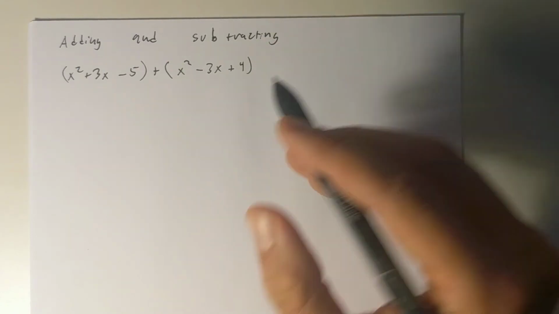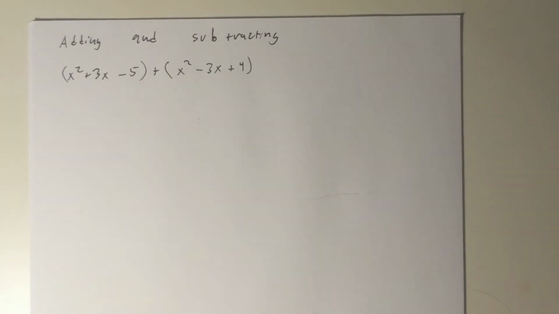So we're going to add it to another second degree trinomial. Well, what you can do is you can only add like terms. Like terms are things that have the same degree. So for example, I can take this x squared and add it to this x squared. So I can combine these two like terms.